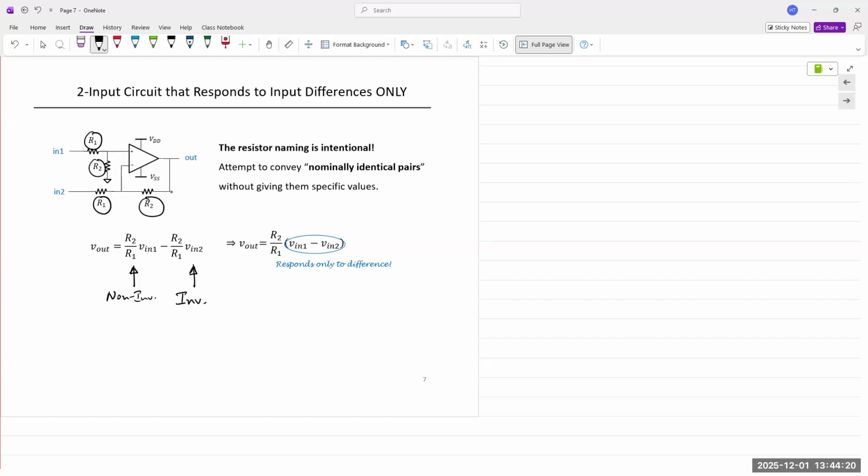Otherwise, the output equation would be different. If R1, R2, and let's call the other two R3 and R4 were different values, it would be a very different equation, not as simple and neat as this one. So here we simply use the same two resistors, and we say R2 over R1 times the difference of the two inputs.